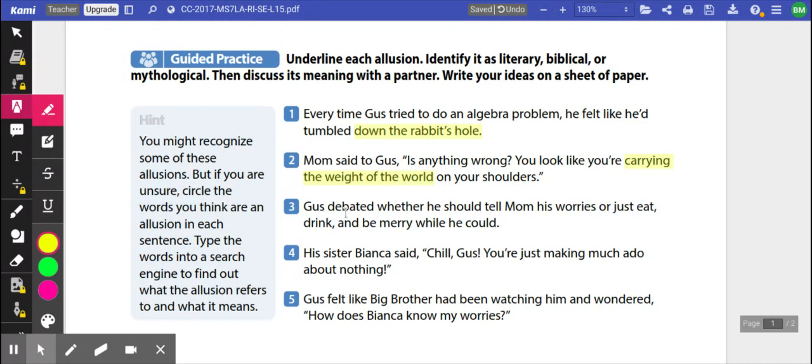Number three says Gus debated whether he should tell Mom his worries or just eat, drink, and be merry while he could. For this one, your allusion is eat, drink, and be merry. And this is a parable to Luke from the New Testament. And from there, hopefully you can figure out if it is a literary, biblical, or mythological allusion.